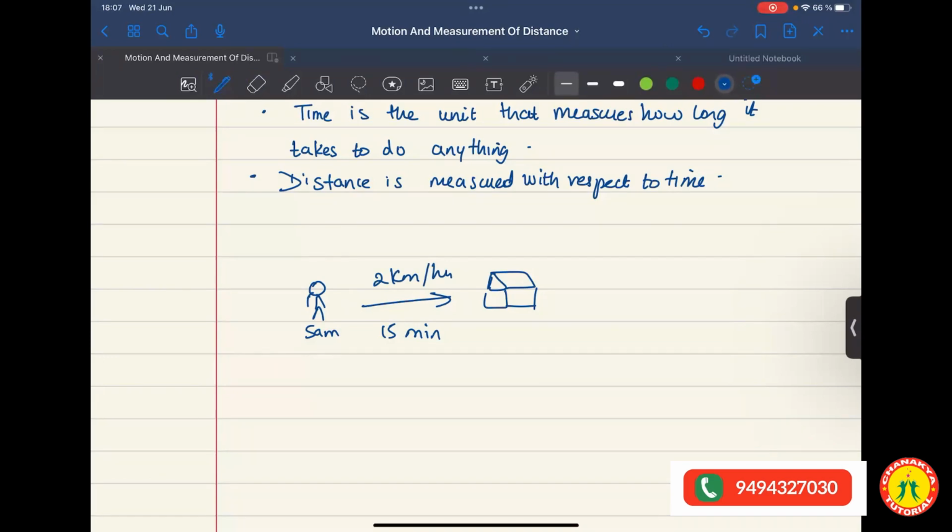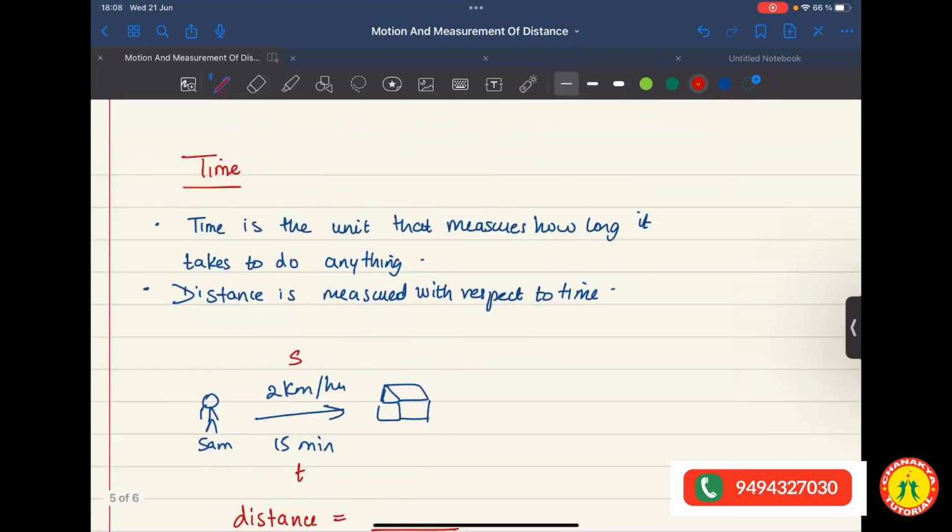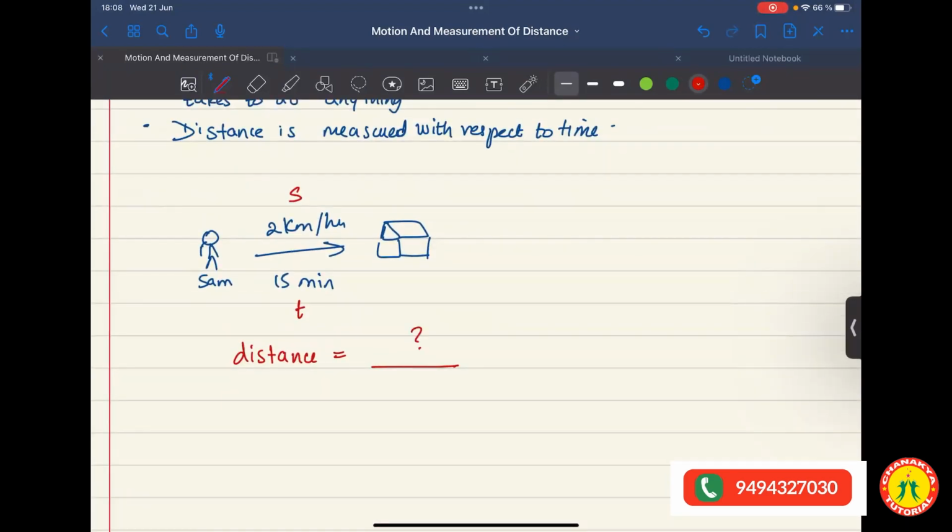So this is s, this is t. Then the distance covered, distance is equal to, anybody, what will the formula be? Speed into time. Very good. Who said this? Adya, ma'am. Very good, Adya. Keep it up. So speed into time, that is s into t.